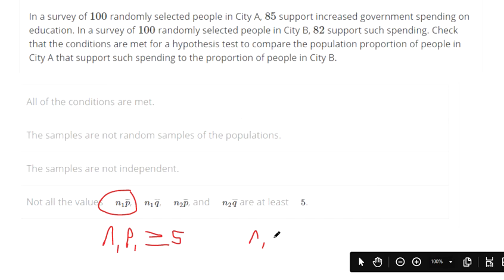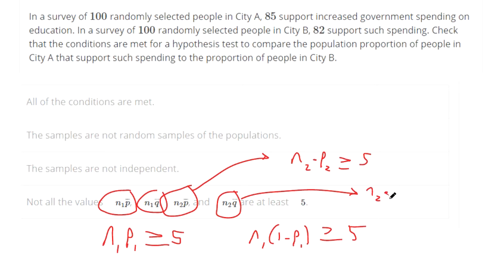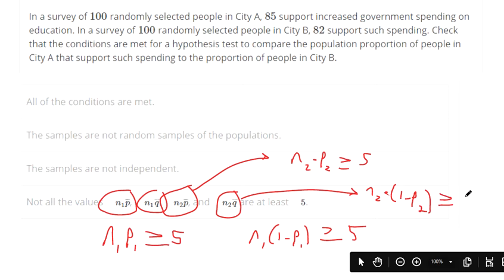And N1 times Q1, which means just the opposite. Q just means 1 minus P. So this needs to be greater than or equal to 5. Sample size 2 times proportion 2 needs to be greater than or equal to 5. And then sample size 2 times 1 minus your sample proportion needs to be greater than or equal to 5.